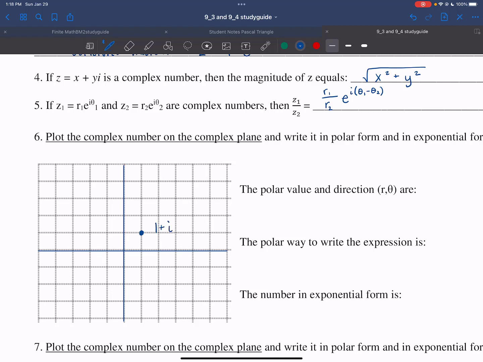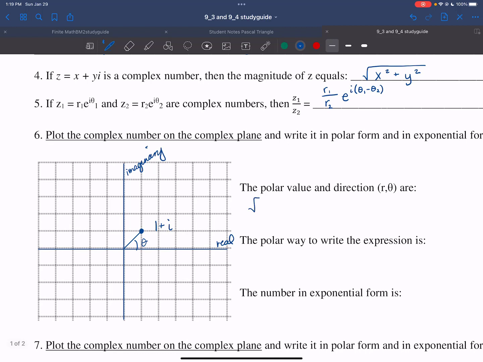Because this is my imaginary axis and this is my real axis. So the polar value is going to be this distance right here, and then of course the angle that's there. So I would have the square root of 1 squared plus 1 squared, which is going to give me the square root of 2.